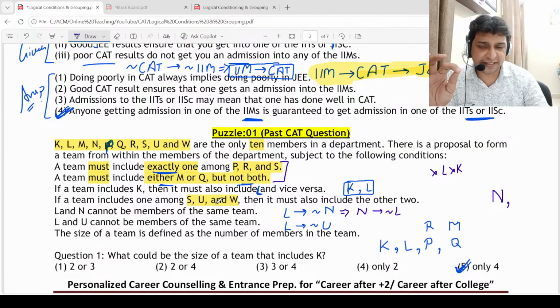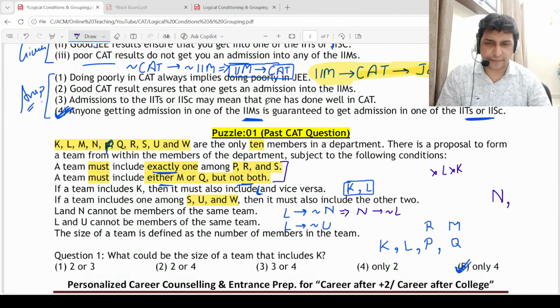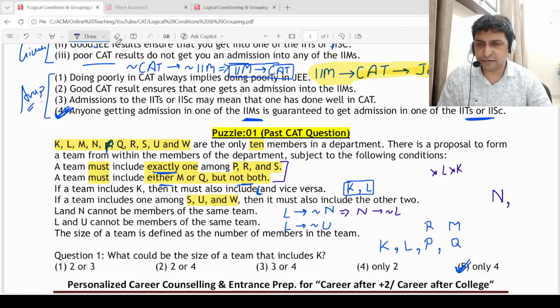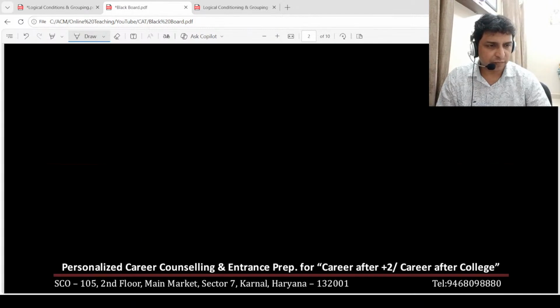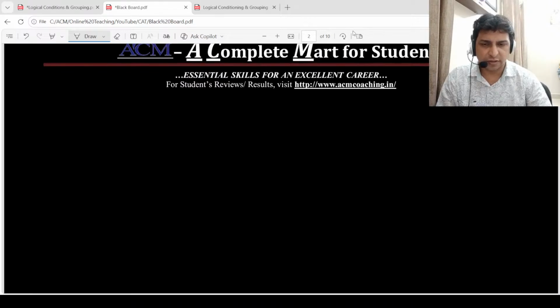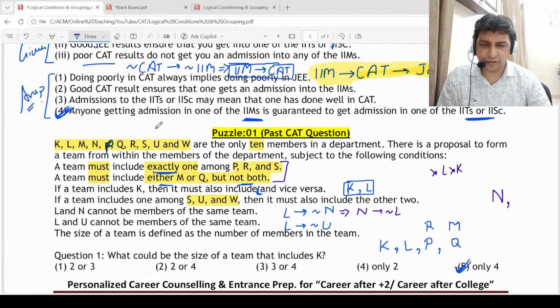So let's take a case where we do not have S first of all. So with N, let's make it on a separate page. That will make it clear, because there are going to be a number of cases. So we have N with us. Now who can we not have?